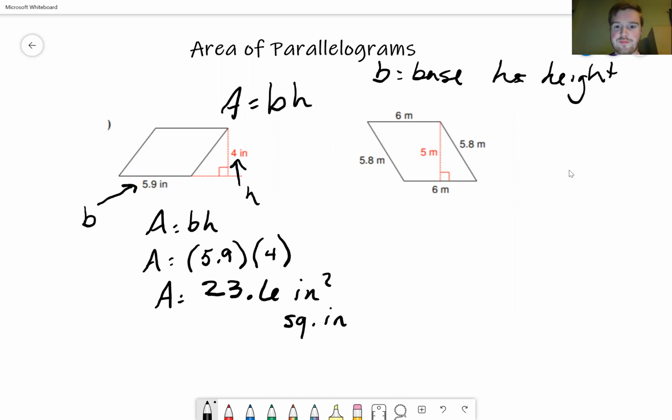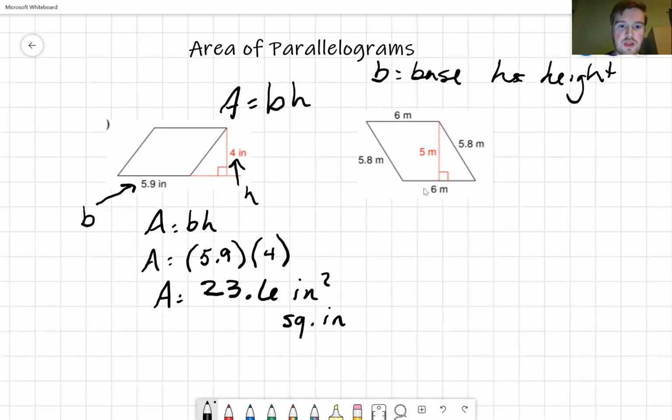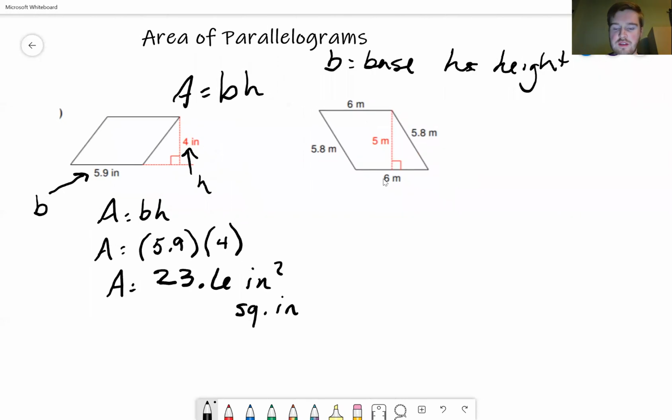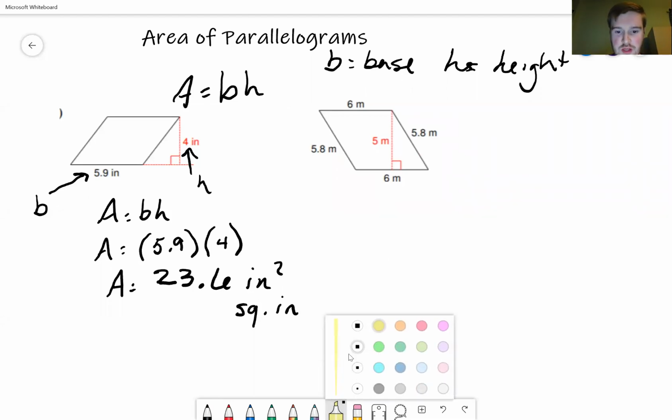All right, so now that we have done that first very easy example, right? Sometimes whenever we're given area of these shapes, we're given more information than what we really need. So my hint for you guys, and I tell this to everybody whenever I'm helping them out with area of parallelograms, quadrilaterals, triangles in general, look for this little symbol right there.